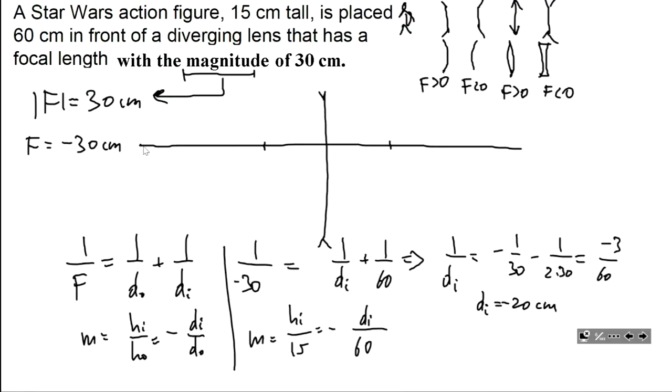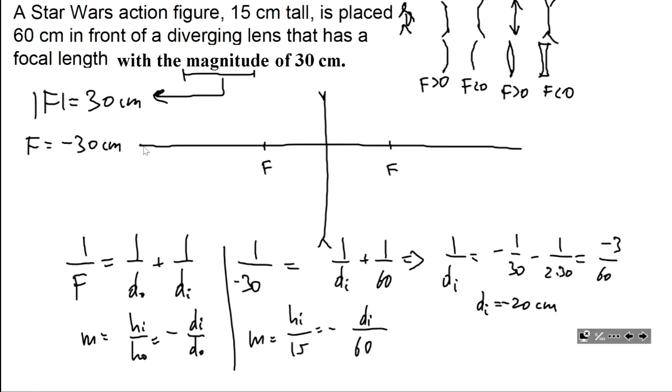So focal distance 30. Well, we need only the right one, but still we need the left one to know where we should place the object.